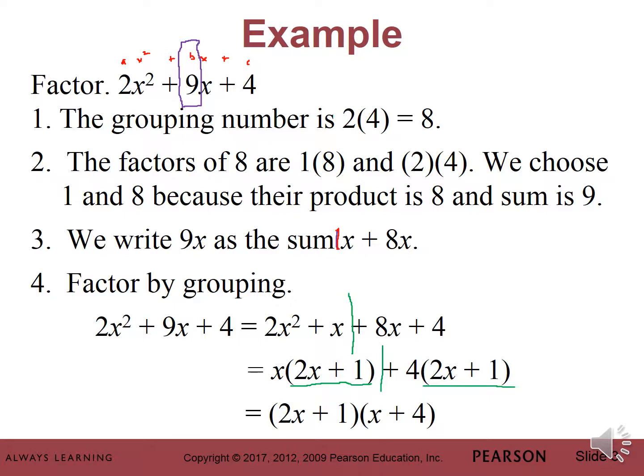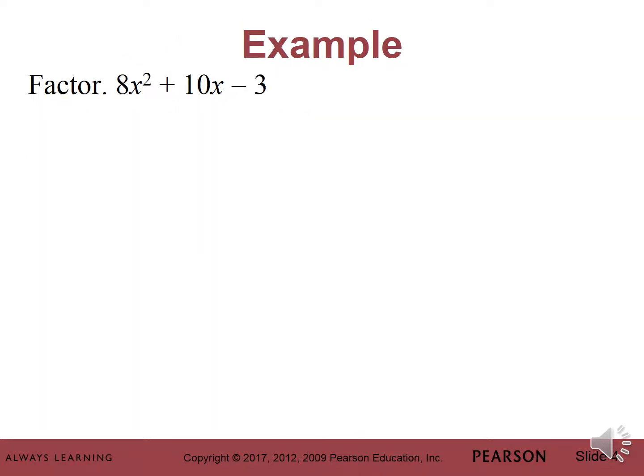What is the other factor going to be? Yes, x plus 4. The x plus 4 will appear as the other factor. Why? Because, how many 2x plus 1s do we have? 4 of them. Well, x plus 4 of them.